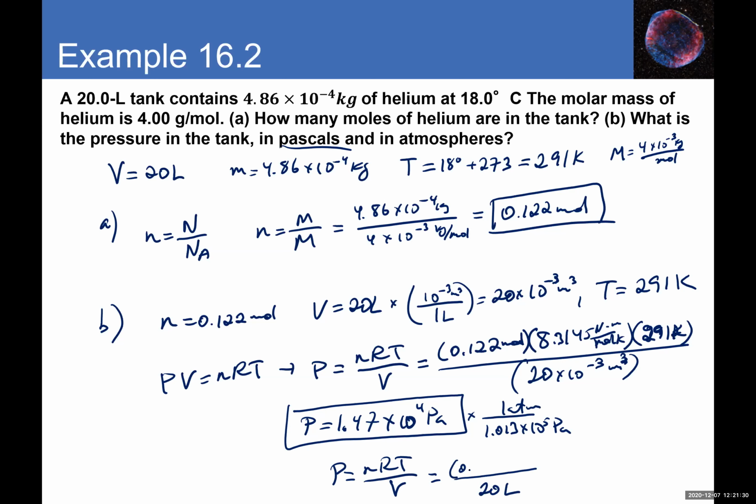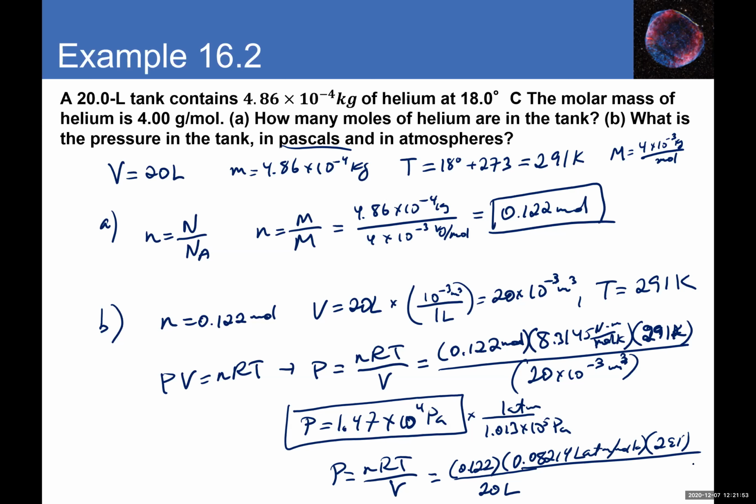And then this is 0.122, but I use the second gas constant, 0.08214. Remember, this is liters atm per mole Kelvin, then 291 Kelvin. Then I can use this to calculate pressure in atm directly.